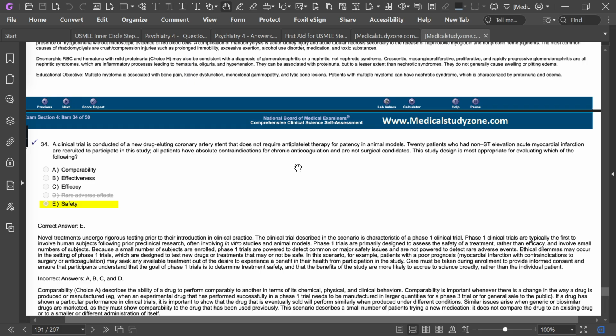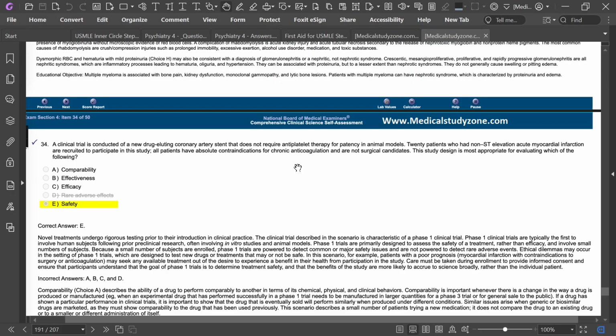Novel treatments undergo rigorous testing prior to introduction into clinical practice. The clinical trial described in the scenario is characteristic of a phase 1 trial. Phase 1 clinical trials are typically the first in novel human subjects following preclinical research, often involving in vitro studies and animal models.